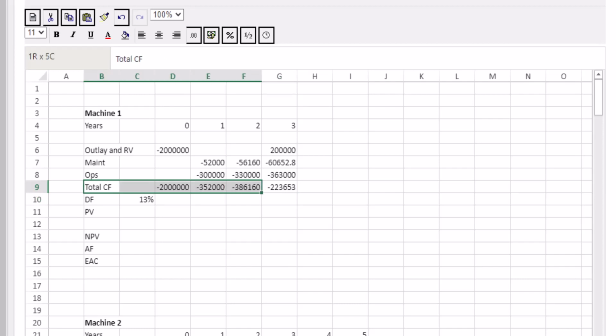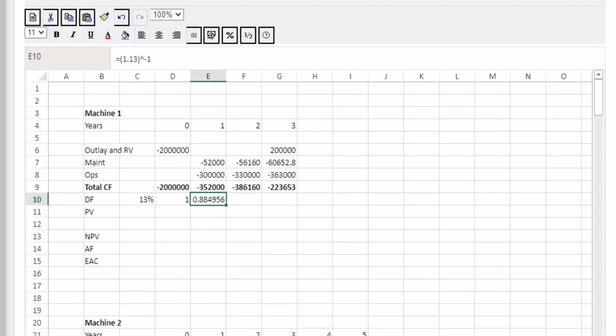You can then highlight those as a bold, and now the discount factors can come from your discount tables, or you can devise them yourself from the formula. Obviously for year 0 it's 1, but for year 1 you can simply put it in as 1.13 to the power of -1.